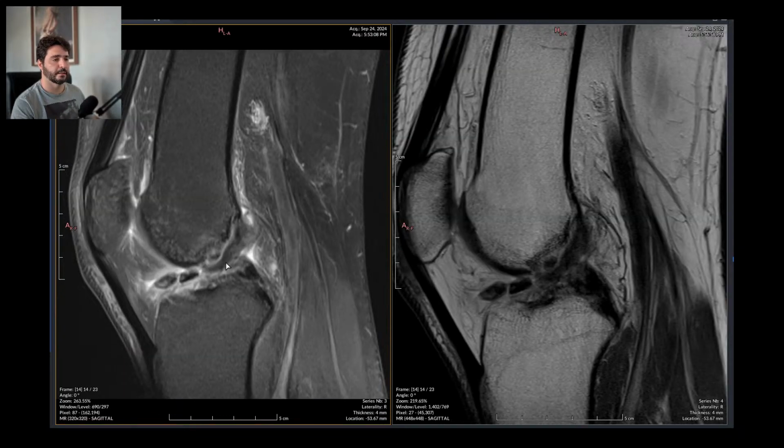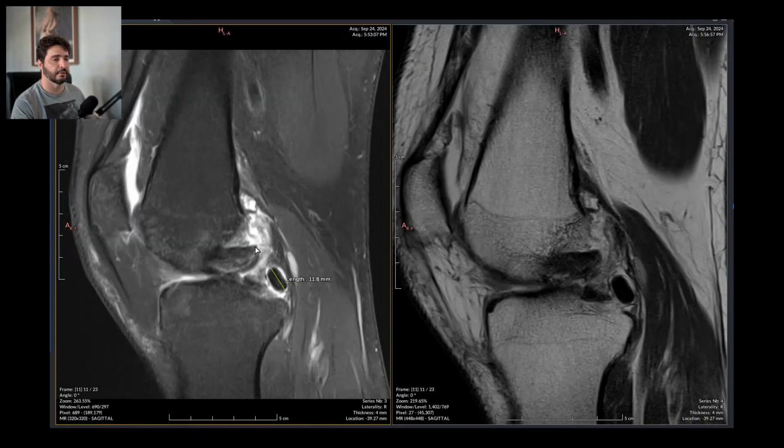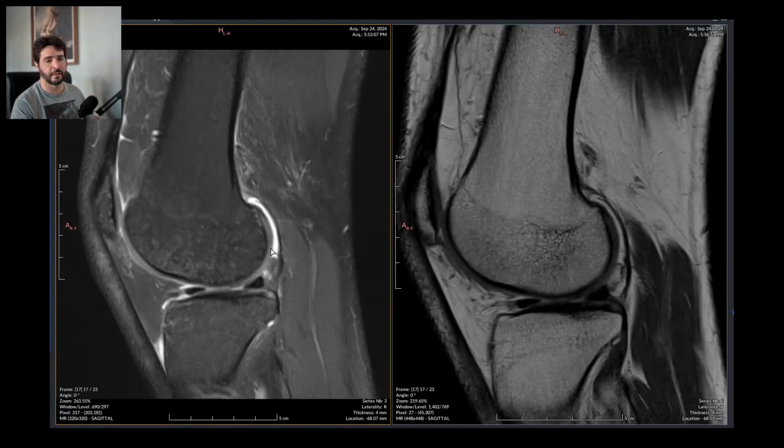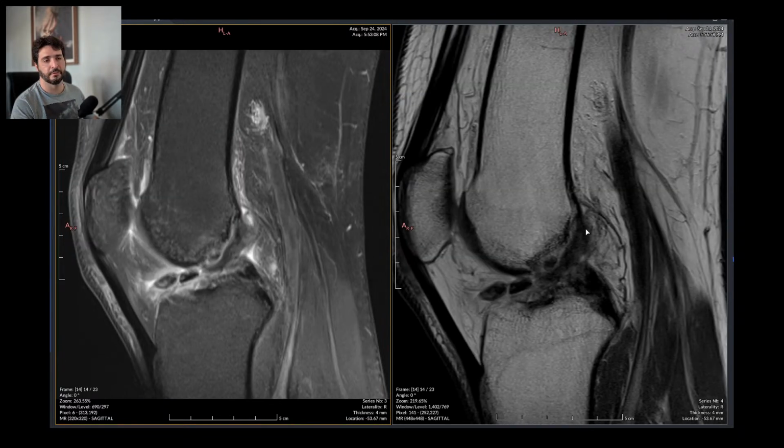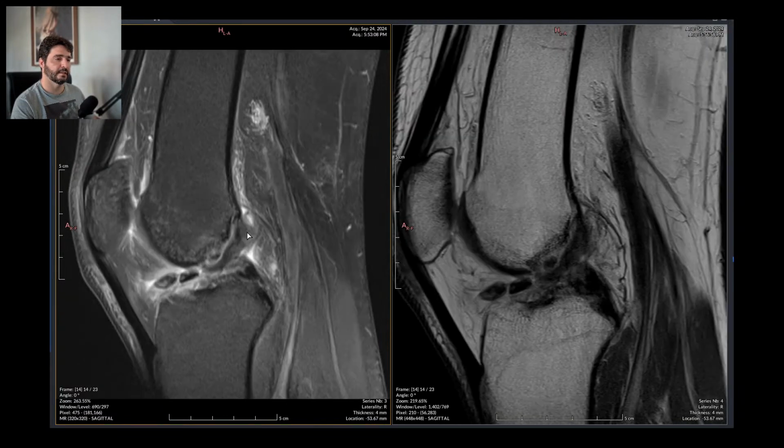And it's very clear to me right here that we have a partial lesion, partial tear of the anterior cruciate ligament. Right there. It's all fuzzy.